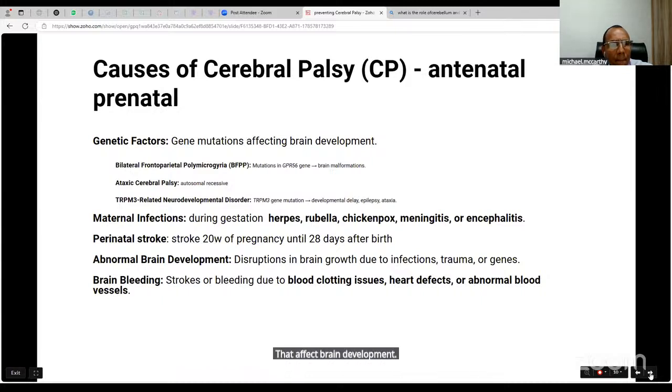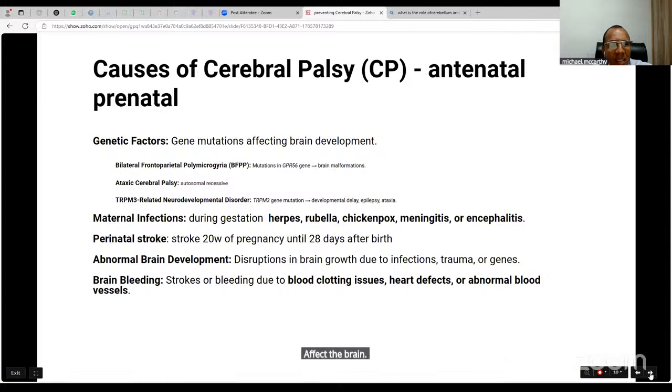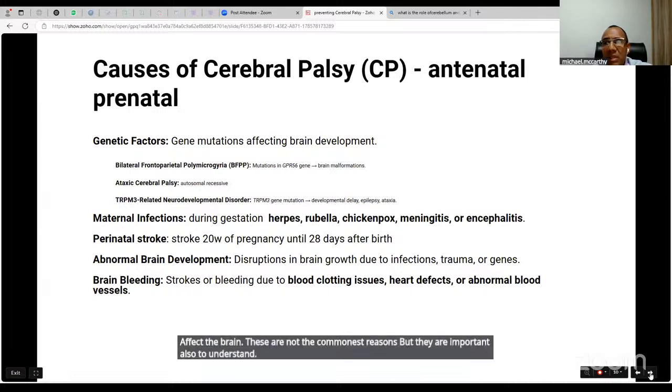The BFPP gene mutation causing some brain malformations, an autosomal recessive condition, ataxic cerebral palsy, and then the TRPM3 gene mutation, which also affects the brain. These are not the commonest reasons, but they are important also to understand, especially when it comes to the counseling aspect and so on.